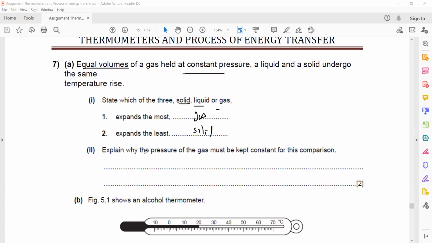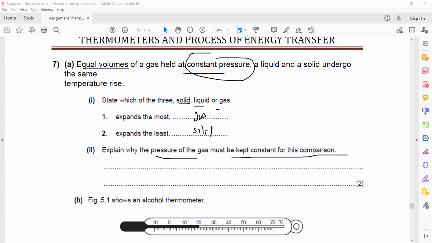The question is why the pressure of the gas must be kept constant for this comparison. Why should we keep the pressure constant? The reason is that the volume of the gas is affected by pressure as well.